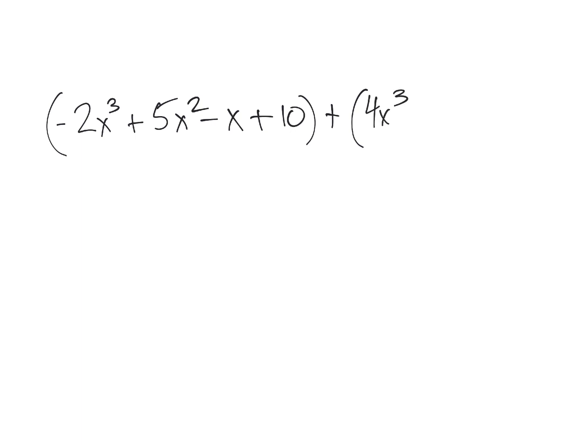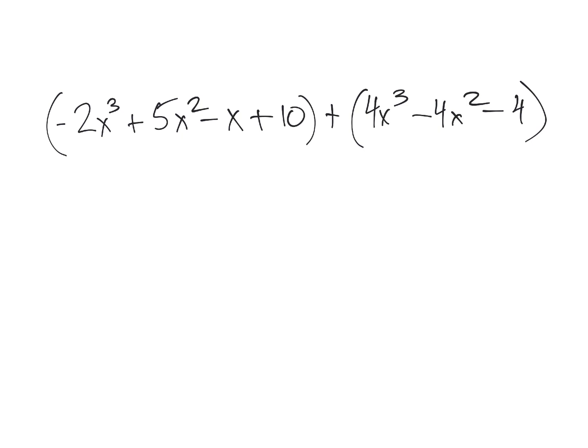Negative 2x cubed plus 5x squared minus x plus 10, plus, oh, I could do a minus, I guess, 4x cubed minus 4x squared minus 4. All right, everybody do that real fast.